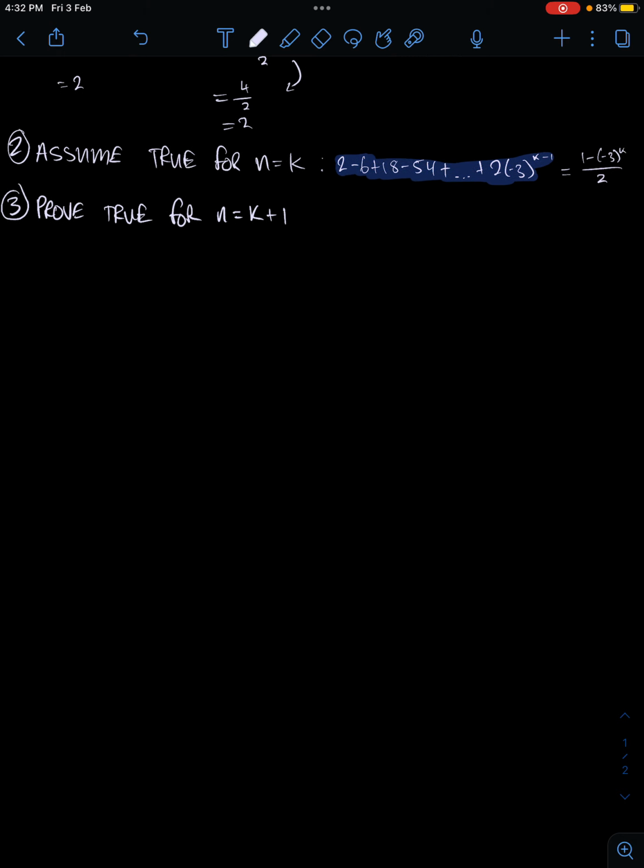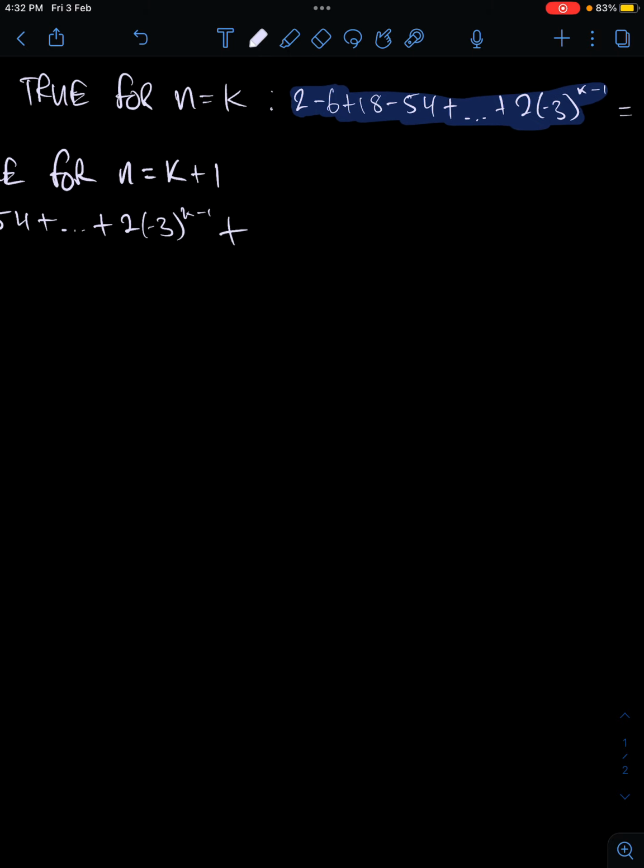Now I'm going to copy this down, basically the same thing. 2 minus 6 plus 18 minus 54 plus dot dot dot plus 2 times negative 3 to the power of k minus 1, plus the term afterwards, k plus 1, 2 times negative 3 to the power of k plus 1 minus 1.